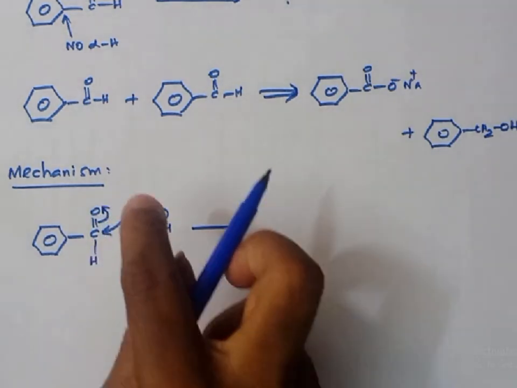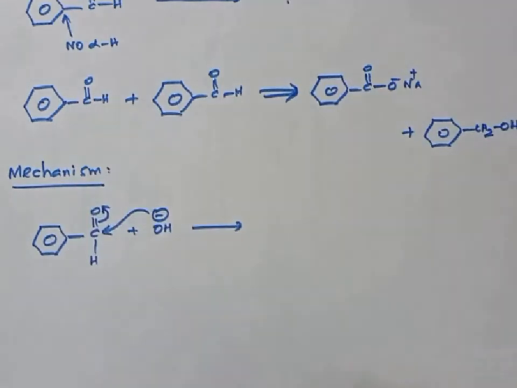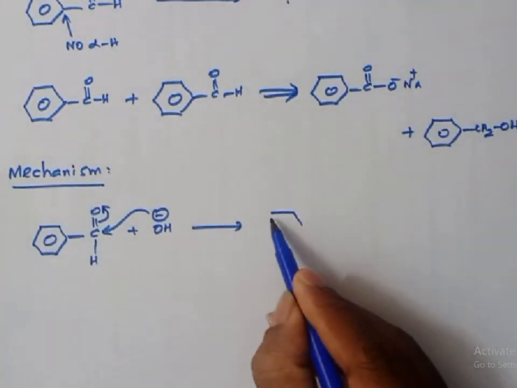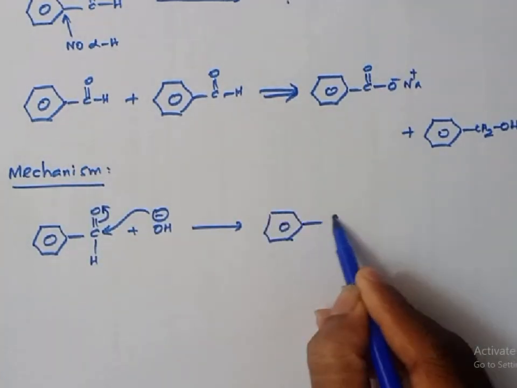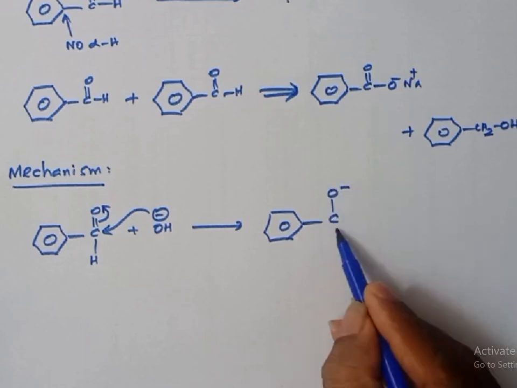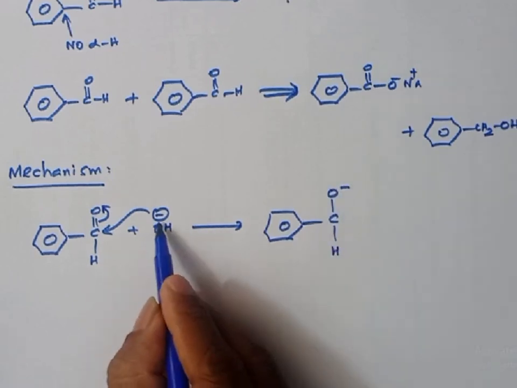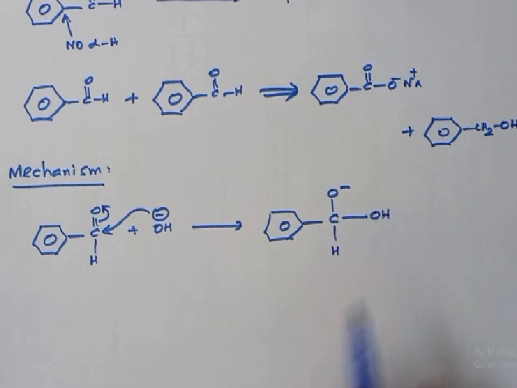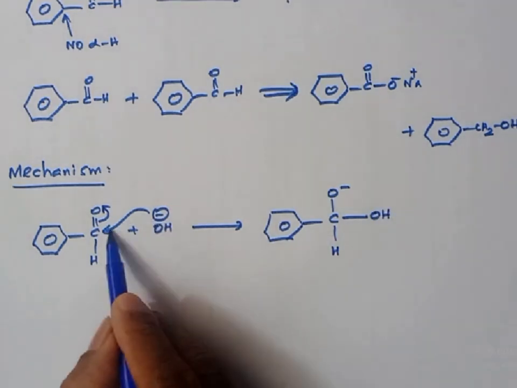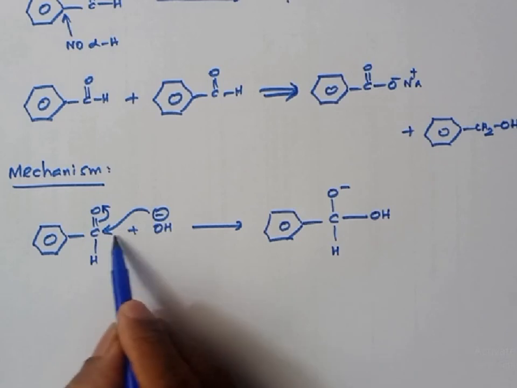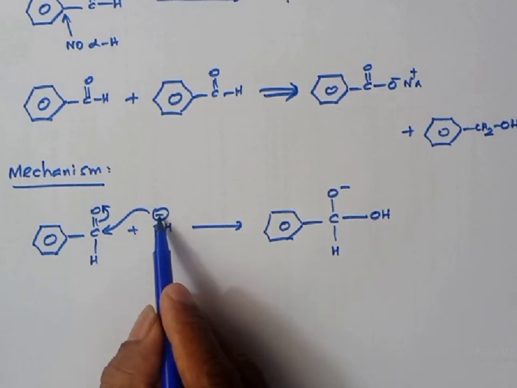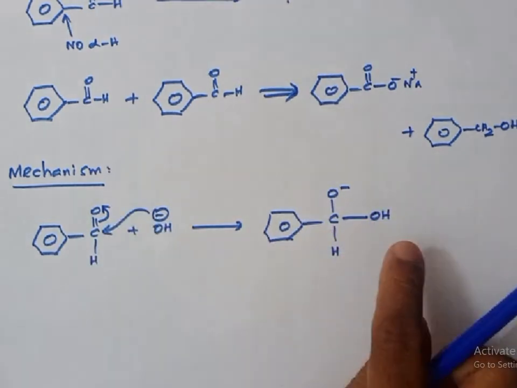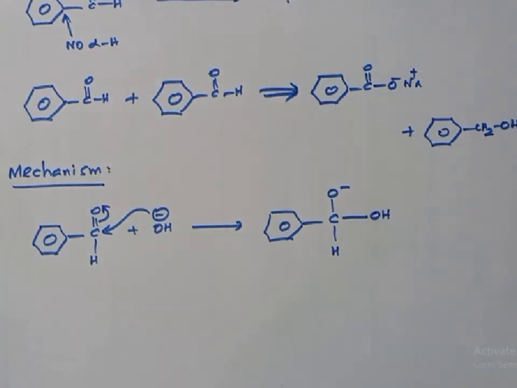When the pi bond moves over to oxygen, oxygen becomes negatively charged. Now you will get a new bond between this carbon and this OH. Since this oxygen donates the lone pair and forms a bond, the negative charge will disappear. It becomes neutral because it has donated.